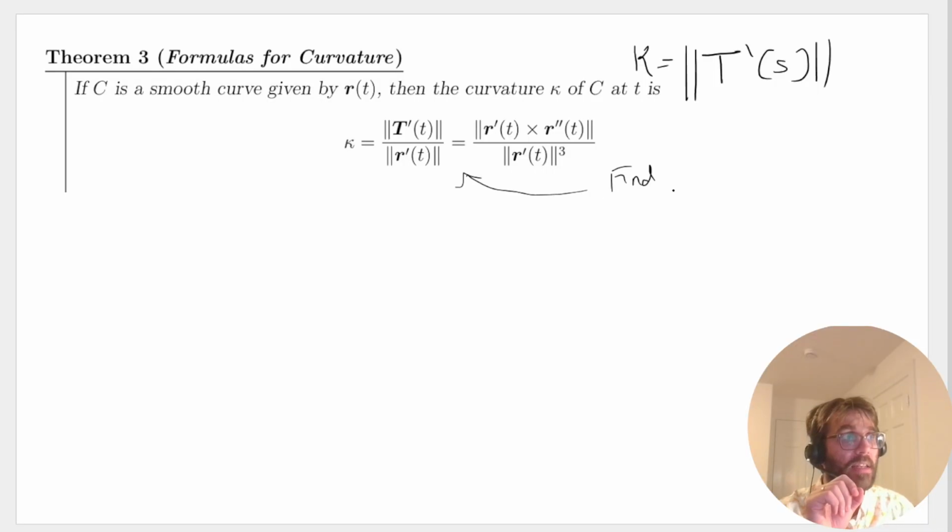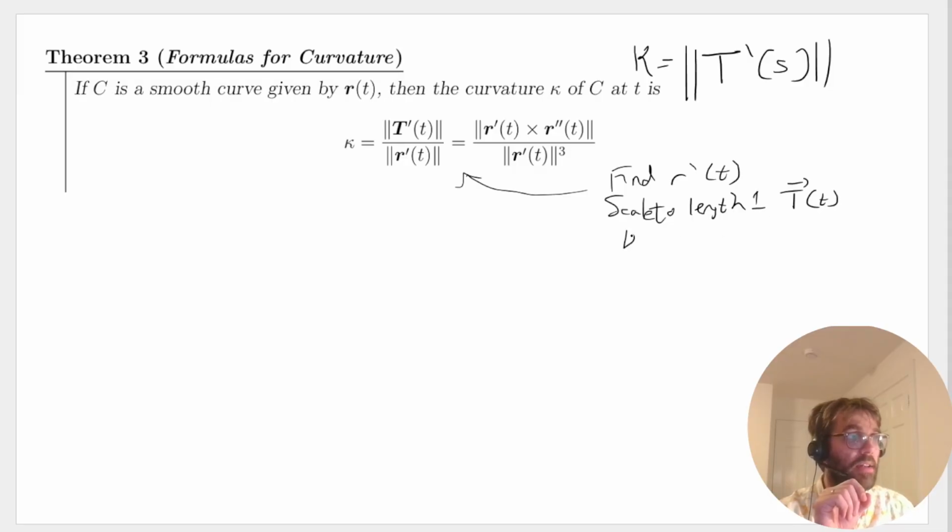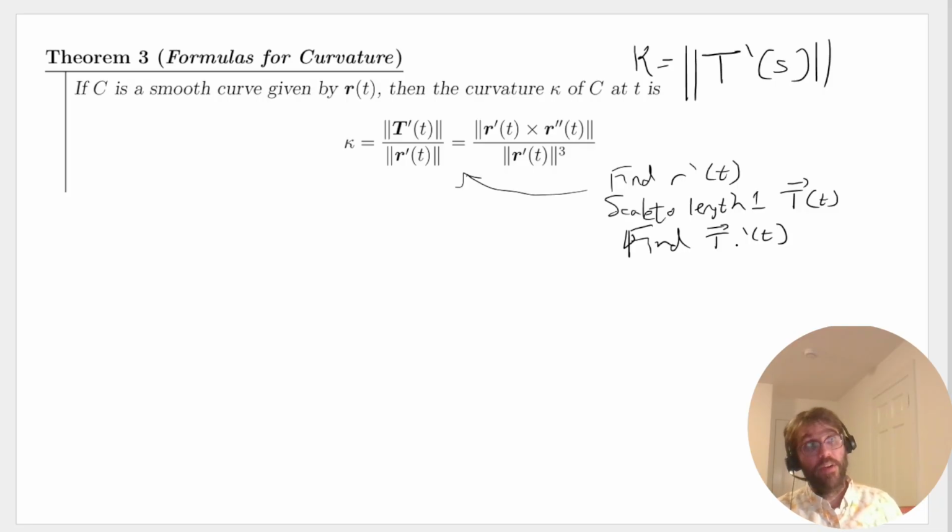Find r prime of t, scale to length 1. That gives you T of t. And then find T prime of t. It's actually pretty close to the normal vector, right? This is kind of the steps that we did to find the normal vector, except then we found a way around it. It turns out you can also do it with this cross product along the way.